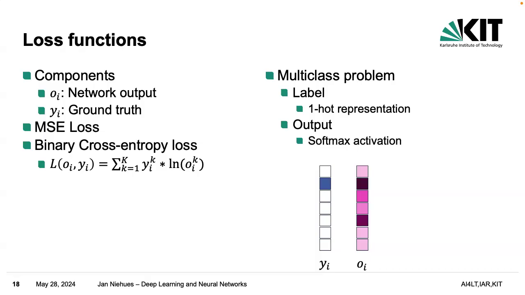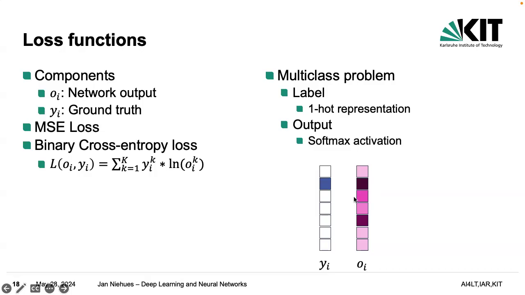And now we multiply, dimension-wise, the value of y with the logarithm of o. So you multiply this value with the logarithm of this value, you multiply this value with the logarithm of this value, and so on.